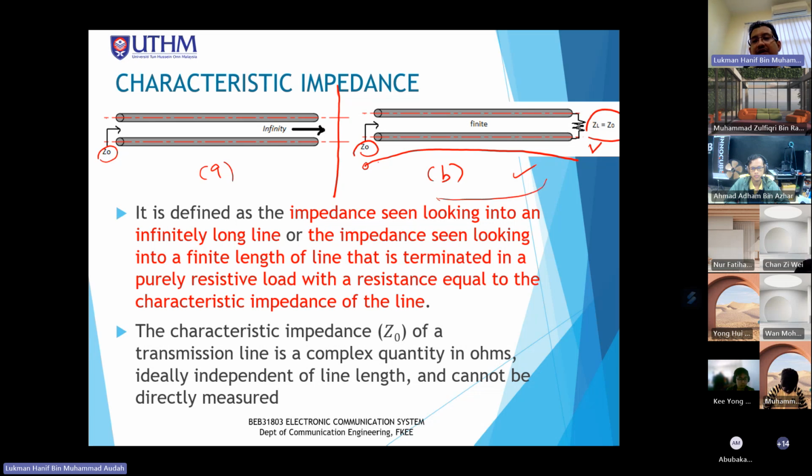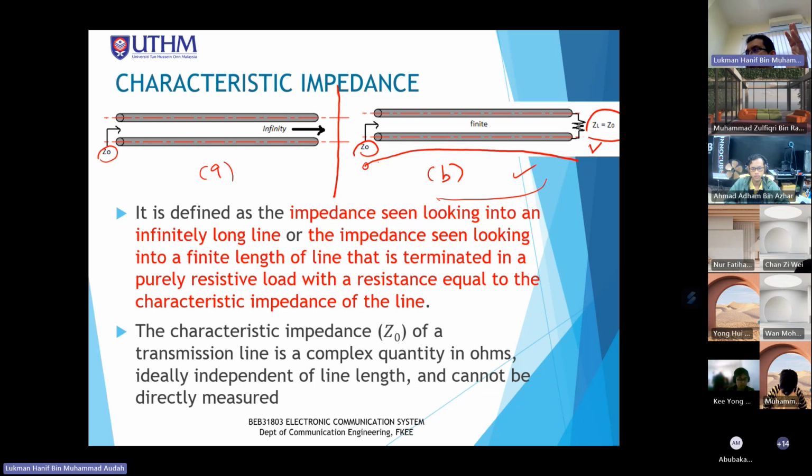There's no reflection back to the source. That's why, for a finite length transmission line, the characteristic impedance is equal to the load impedance.